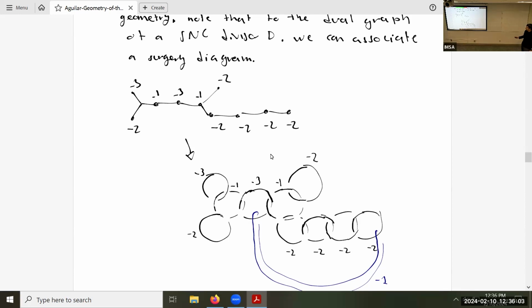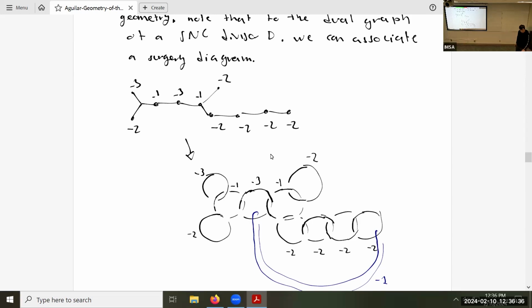And you can decorate also with the self-intersection numbers. And this will give you a surgery diagram for a manifold. And if you do Kirby calculus and you end up with some ribbon knot, as I was telling you in the second construction, you will obtain some Poincaré manifold. This is the extra knot that I was telling you in part 3 of the construction.